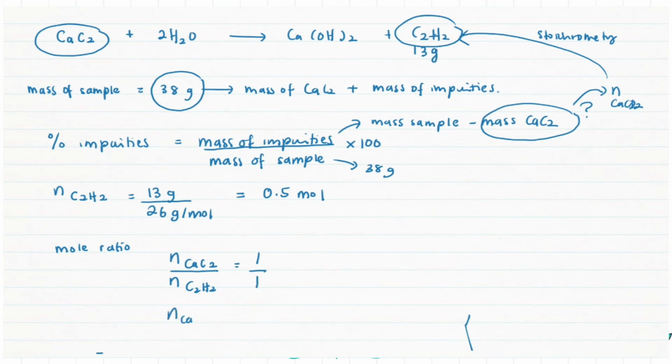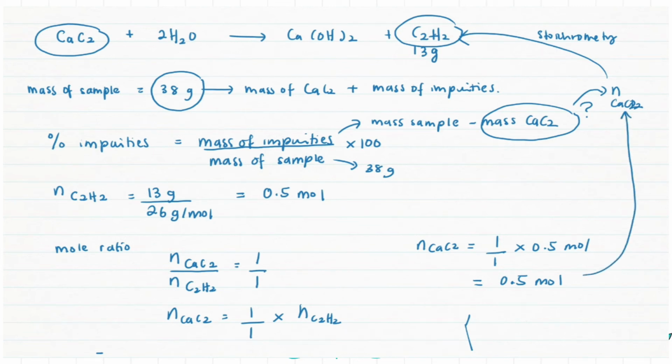Mole of CaC2 is equal to 1 over 1 times mole of C2H2, which is 1 over 1 times 0.5 mole. So the mole of CaC2 is 0.5 mole. Now we have calculated the mole of CaC2, we want to calculate the mass of CaC2.